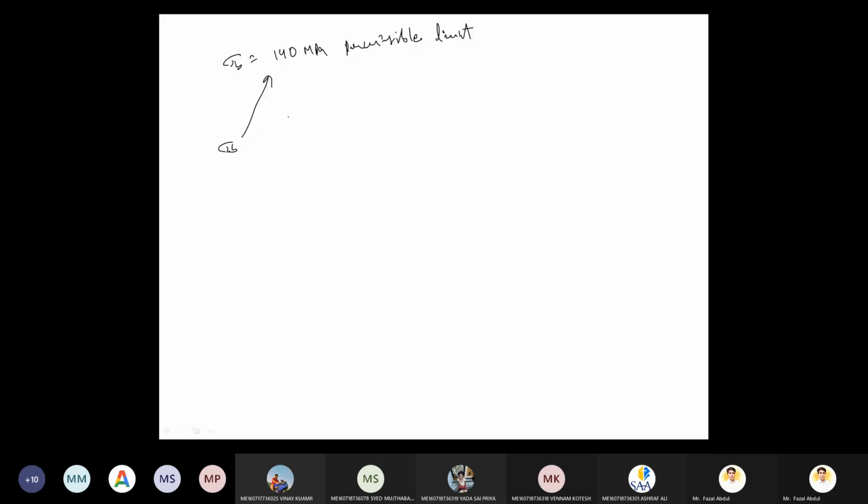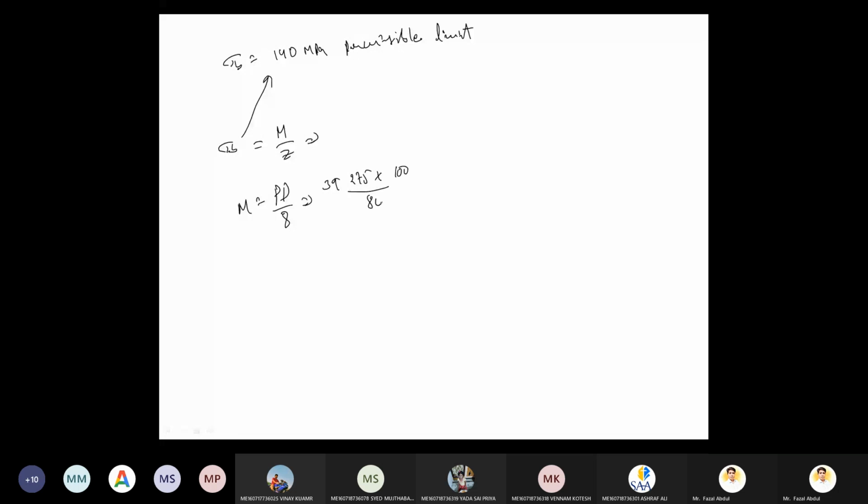Sigma b I am calculating separately, that is bending moment by section modulus. What is the bending moment here? Bending moment, as yesterday we calculated, is PD by 8, where P is the load acting on the piston due to gas pressure, 39275 into bore diameter 100 by 8.